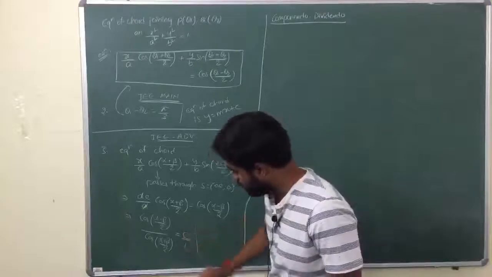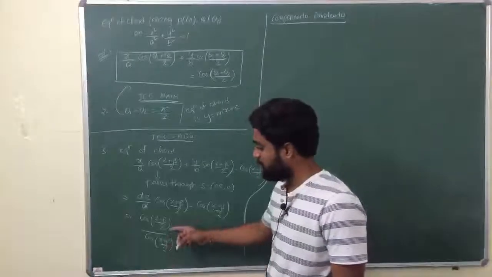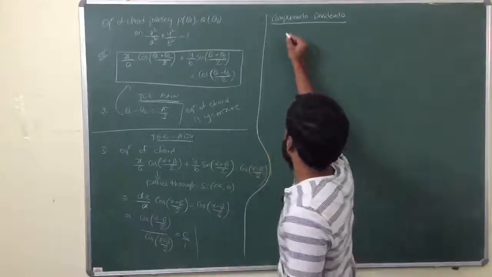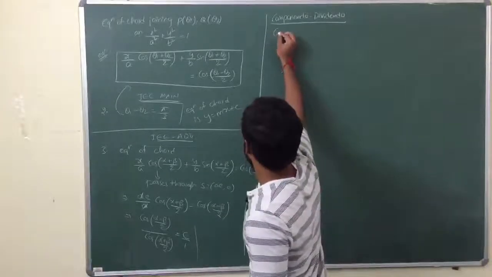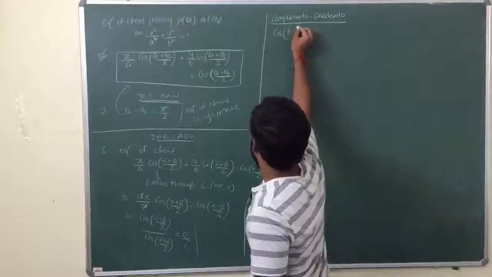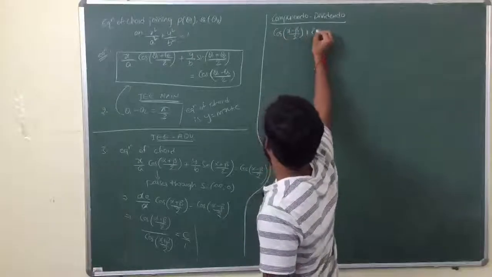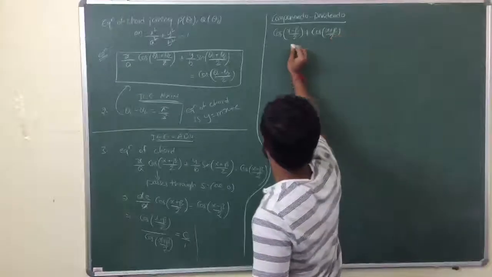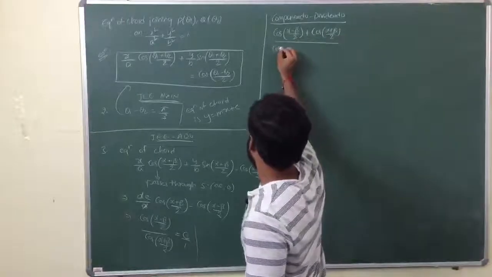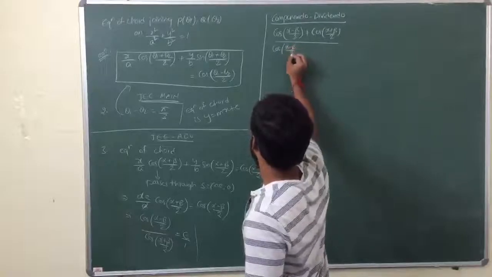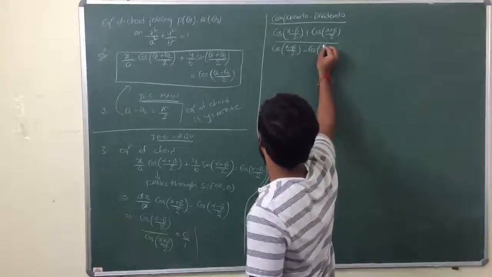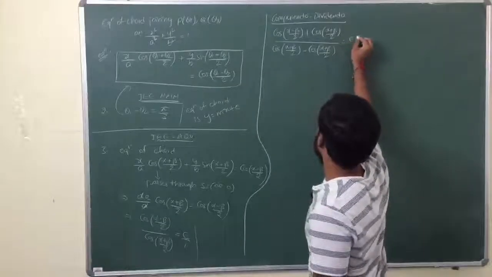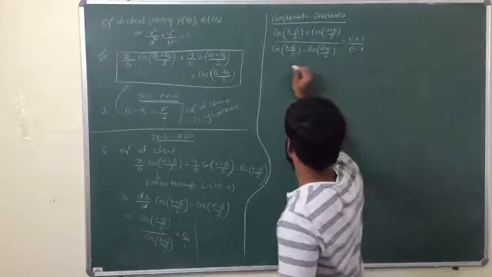A by b is equal to c by d form: a plus b by a minus b is equal to c plus d by c minus d. So it will be like this: cos of alpha minus beta by 2 plus cos of alpha plus beta by 2, upon cos of alpha minus beta by 2 minus cos of alpha plus beta by 2, is equal to e plus 1 by e minus 1.